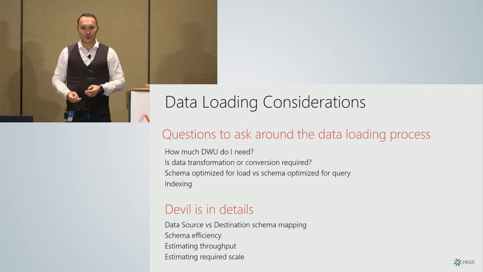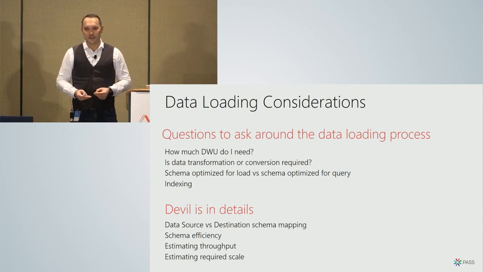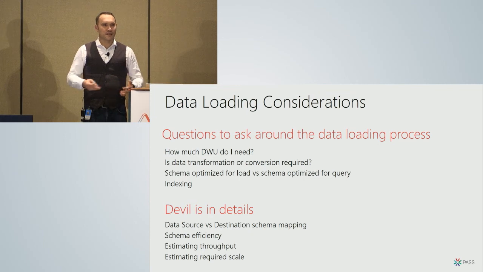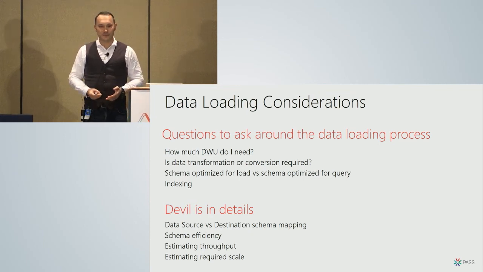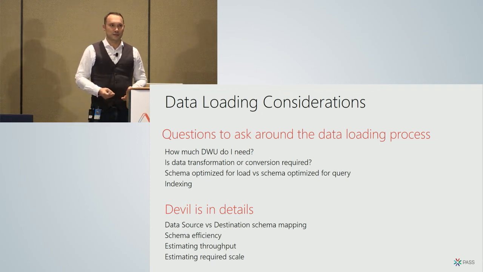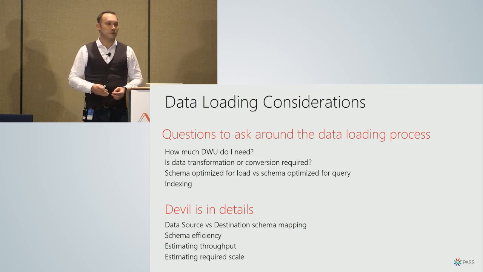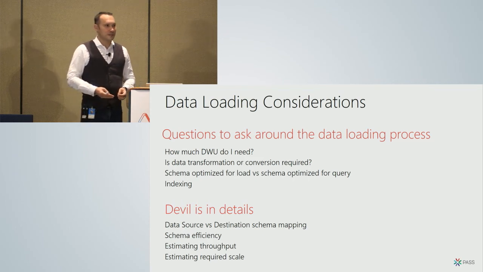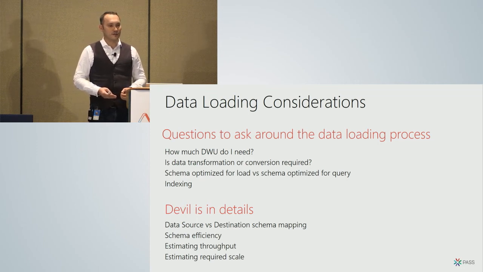That's a challenging question. And there are tons and tons of details which can impact data loading performance, such as what I call here schema efficiency, because we often see customers, it's not only customers, it's their IT departments, which say, we don't know what the business unit will require for their analysis, so therefore if the data source gives me 500 columns, I would rather import all those 500 columns.